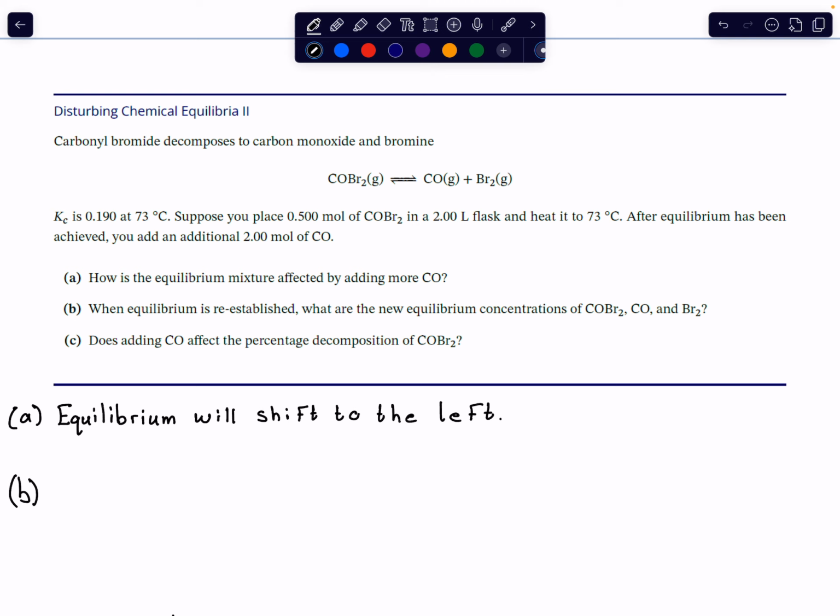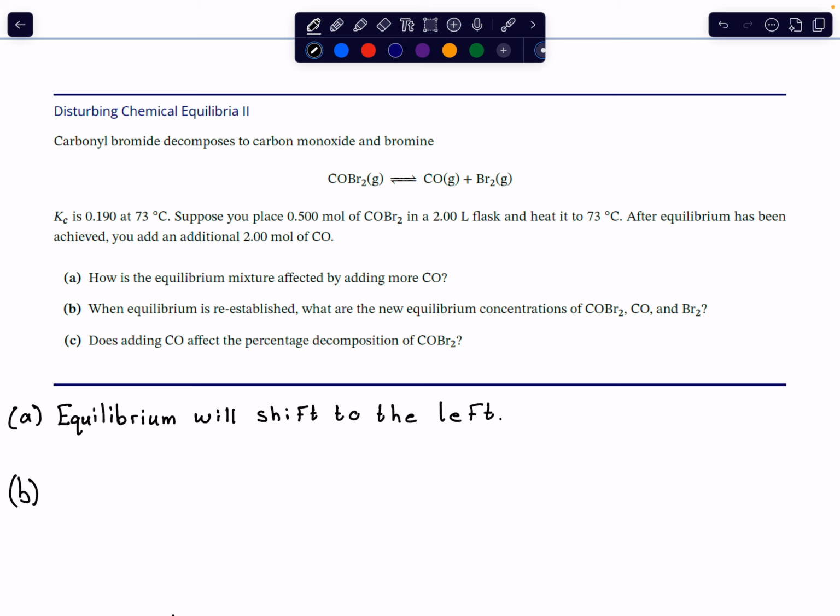So that means we had an initial situation where we placed a certain amount of carbonyl bromide and let it decompose. Then an equilibrium was reached, meaning there would be equilibrium concentrations which we need to calculate. Once we know what those are, then there was a disturbance, and the disturbance to that equilibrium was placing 2 mole of carbon monoxide in the flask.